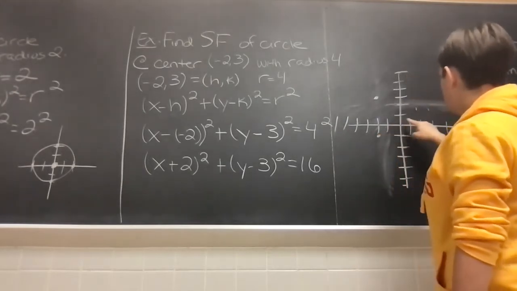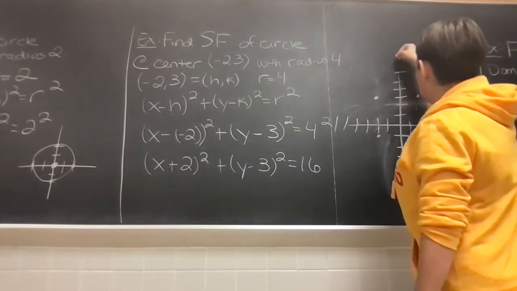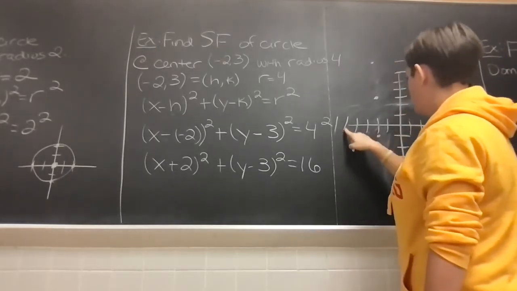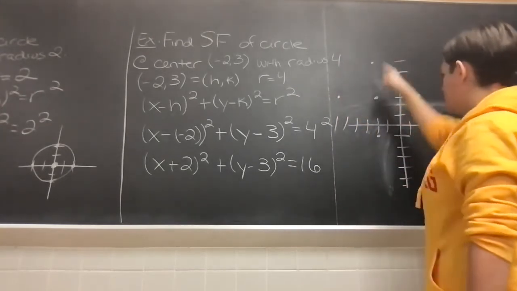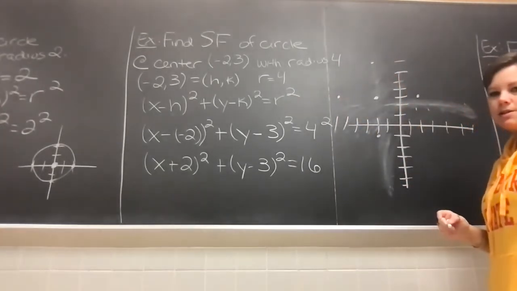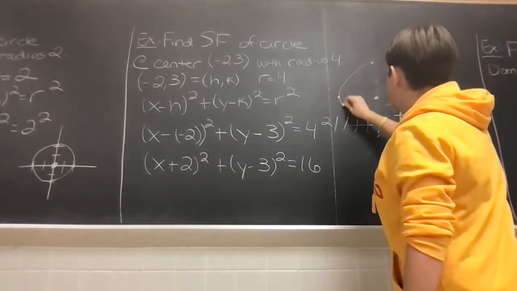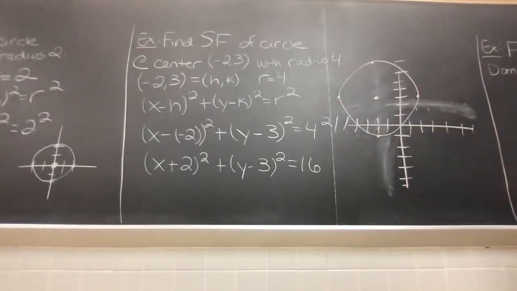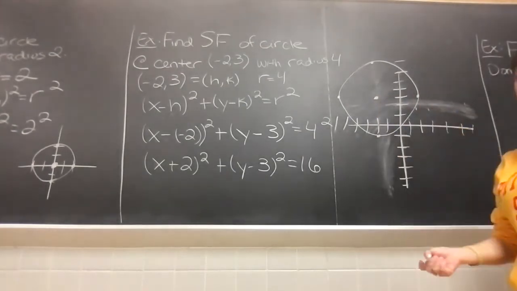Then I go 1, 2, 3, 4 in each of the other directions. Notice I just go along my x's and my y's because that makes it the easiest. Theoretically, you can go any direction you want, but that's going to be the easiest way. There's more of my wonky circle. But here is a circle centered at -2, 3 with a radius of 4.